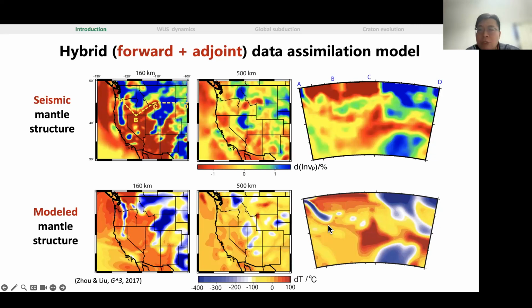And you can see that they are really quite nicely correlated. But I want to point out that this little piece of slab, the Juan de Fuca, is actually different from the tomography. In the tomography, the slab is vertical close to the surface. We know that's a vertical smearing of body wave tomography. But in our model, it's more natural looking. This is resolved from the forward data assimilation approach. Other features are from the tomography directly, based on the adjoint approach.